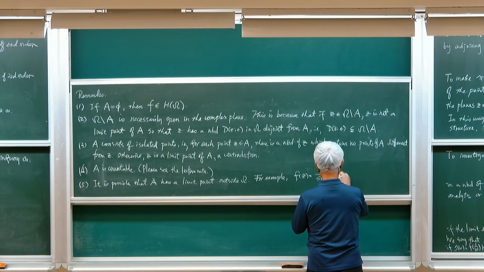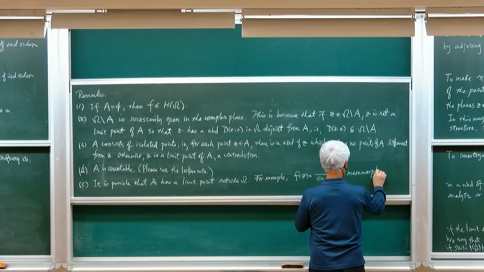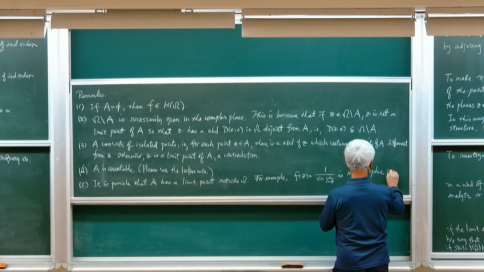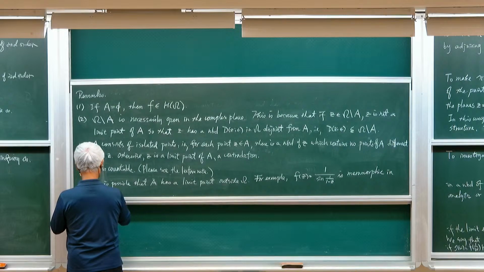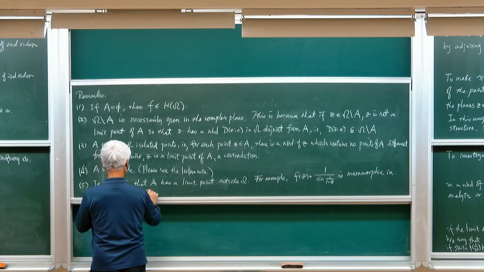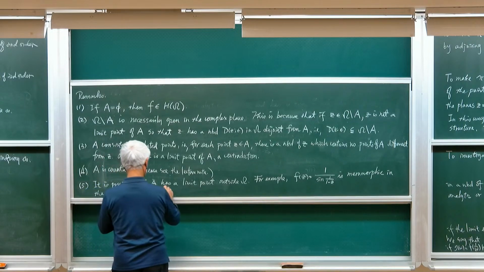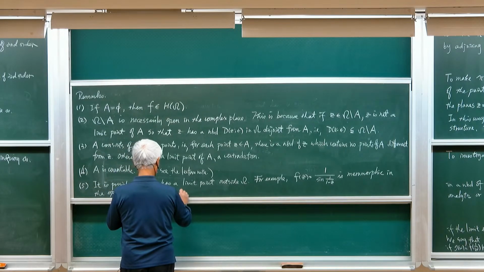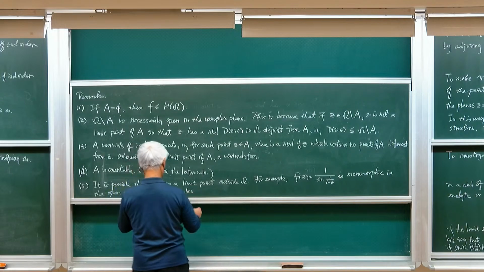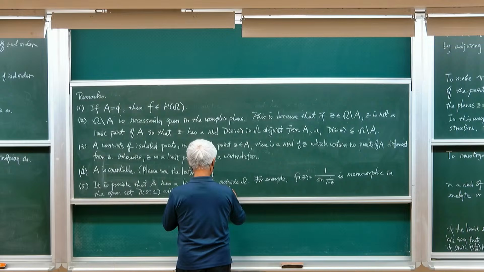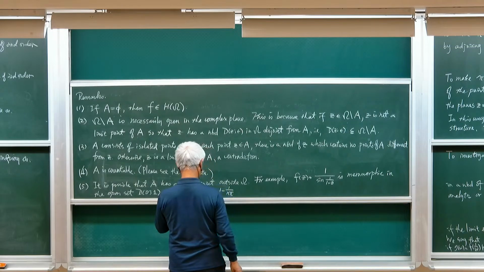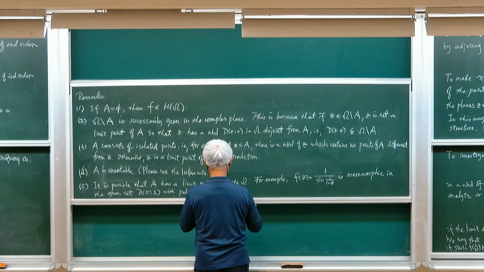So this function is meromorphic in the open set D, the open disk, and with the pole set at z equal to 1 minus 1 over n pi, for n.